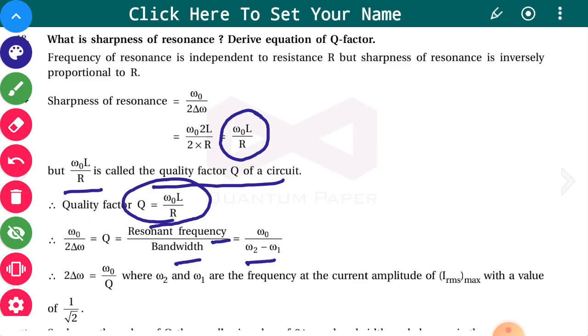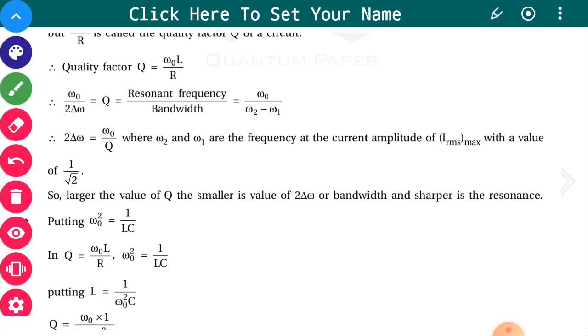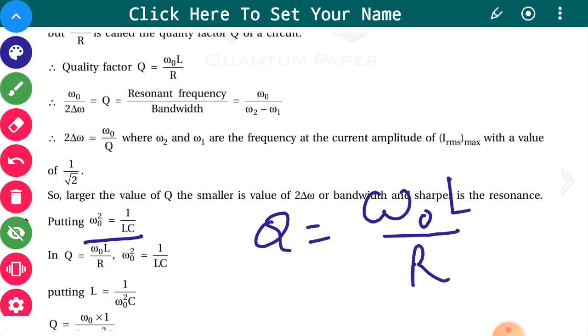So 2 delta omega, that is bandwidth, is omega 0 upon Q. Here we know that omega 0 square is equal to 1 upon L into C. We have obtained Q is equal to omega 0 L upon R. Now instead of omega 0 square, we write 1 upon LC, or we write L is equal to 1 upon omega 0 square C.